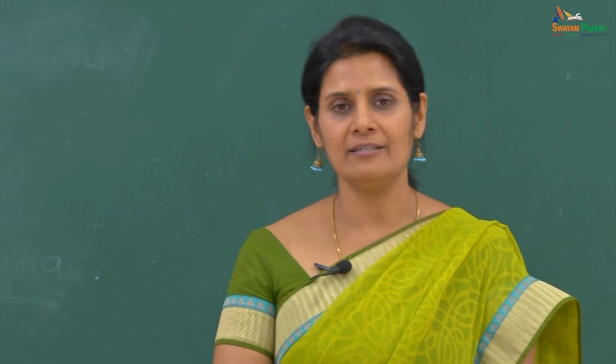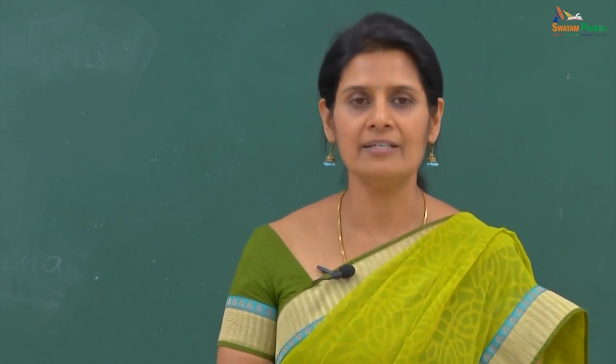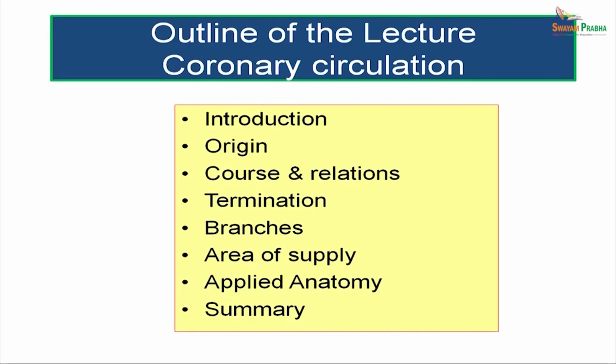Coronary circulation, this topic will be covered under these headings. First of all, we will be talking about the coronary arteries, an introduction to these arteries which are going to supply the heart, and this will be discussed under the following headings. One will be the origin, the course, the relations of the arteries, how they terminate.